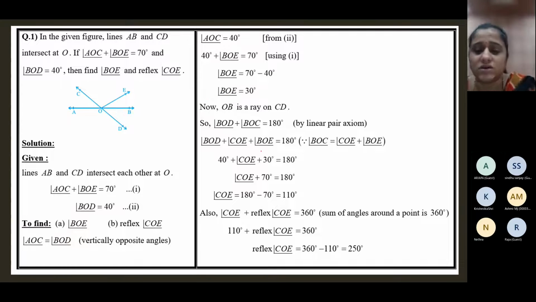So Krishmika is now trying to find angle COE. Yes, Krishmika. So for that, she's taking CD. CD is a line and which is the ray? OB, ma'am. Why should you not take OE as the ray? Why only OB? Why can't we take OE as a ray?